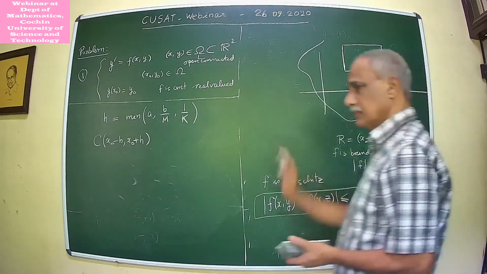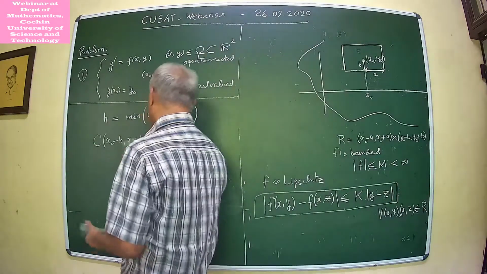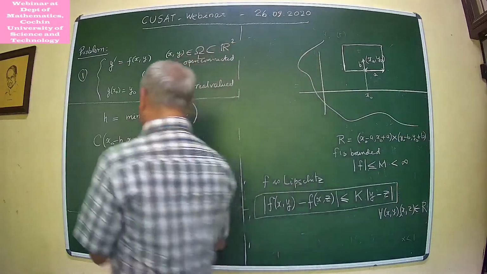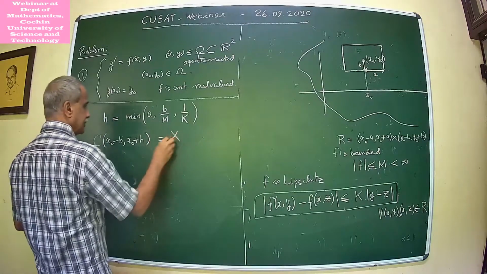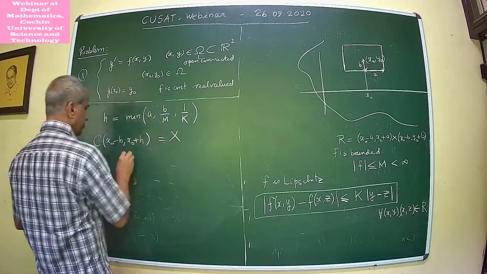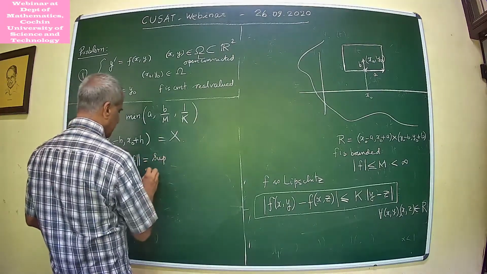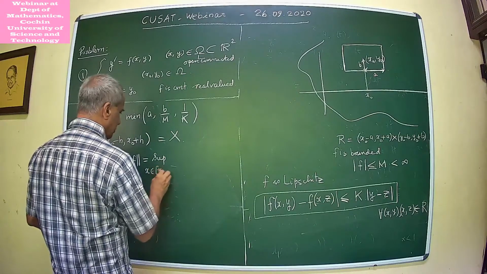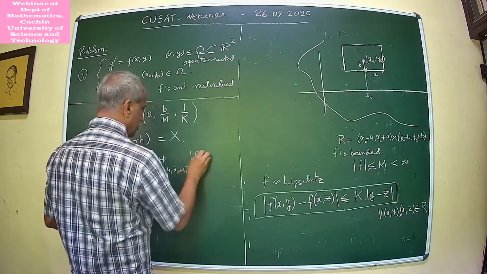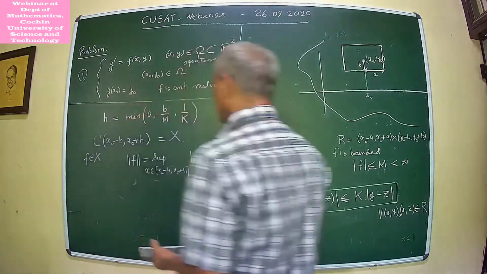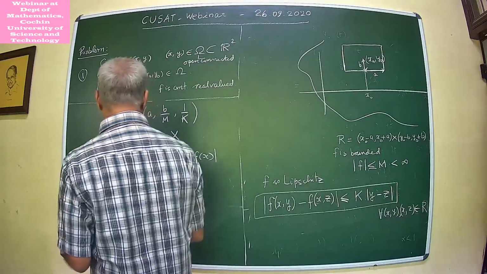Now you see that these functions are of course uniformly continuous on the compact interval. There is no problem at all. So we take f belonging to X and define the norm of f as the supremum, which in turn gives you a metric d.